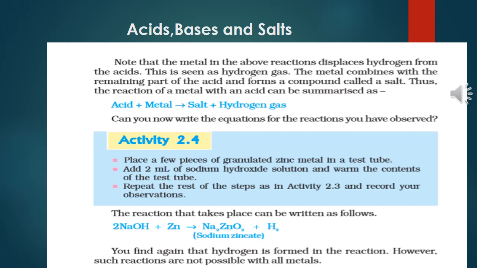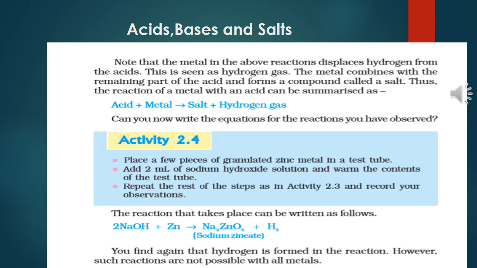So what will happen if zinc and NaOH react? Similarly, zinc will displace the hydrogen from NaOH and form sodium zincate, meaning Na2ZnO2, along with hydrogen gas again liberated. So you can see sodium zincate is also a salt, and salt and hydrogen gas form.